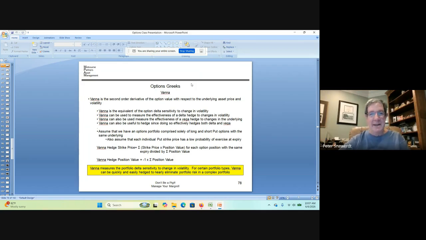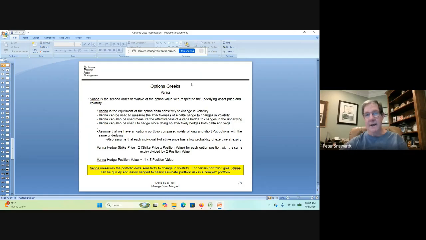All right, let's get started. So in the last class, we went through the options Greeks, and a little bit about the CDF, the cumulative distribution function. But I promised that we would stop back at Vanna and talk about the Vanna hedge. If you remember right, Vanna is the second order derivative of the Black-Scholes equation, where it is the partial derivative with respect to the underlying times the partial derivative with respect to implied volatility.